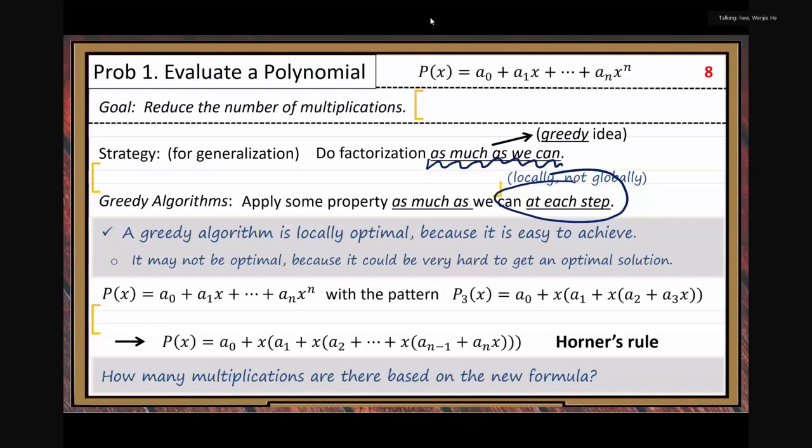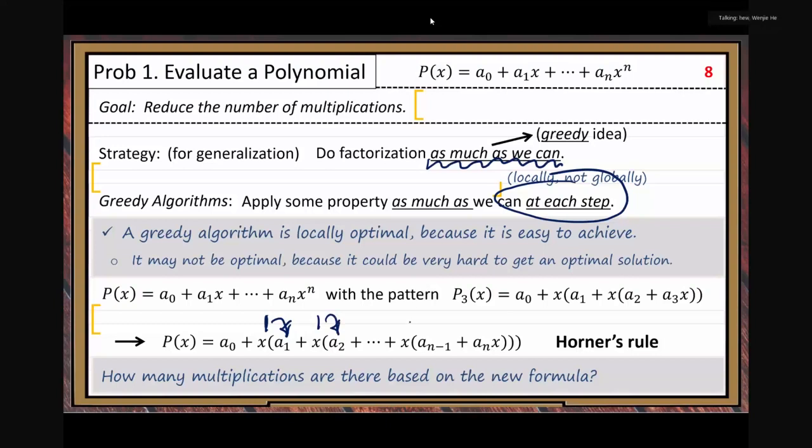But here is another place we can apply our counting technique, counting by reference. Each multiplication, can we associate with a different object, an easier counting object? The first multiplication, can we associate with the subscript 1 of A1? The second multiplication with subscript 2 of A2, and so on.